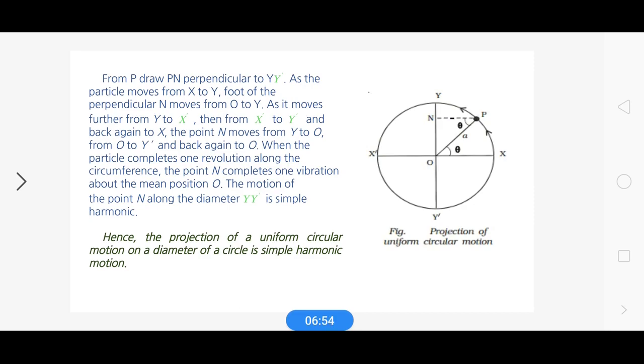So this is called simple harmonic motion by the projection of the particle on any of the diameters. Finally we can conclude that the projection of a uniform circular motion on a diameter of a circle is simple harmonic motion.